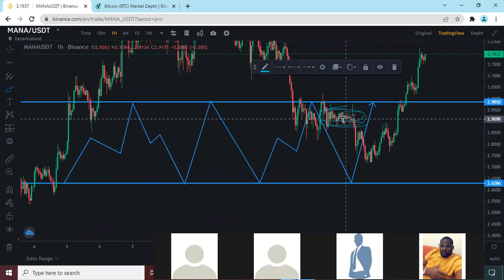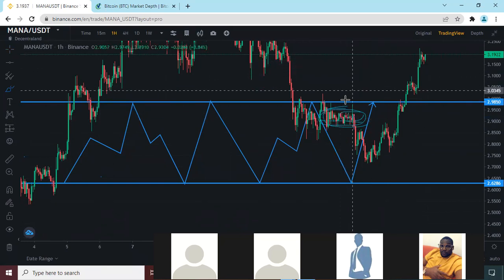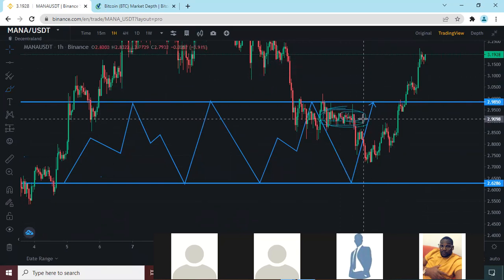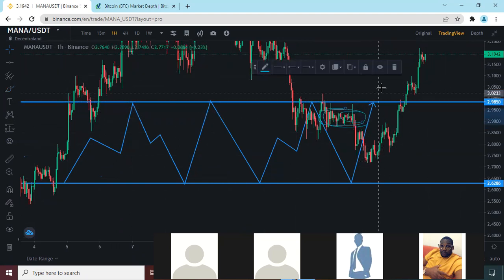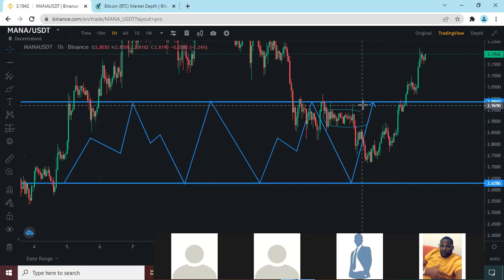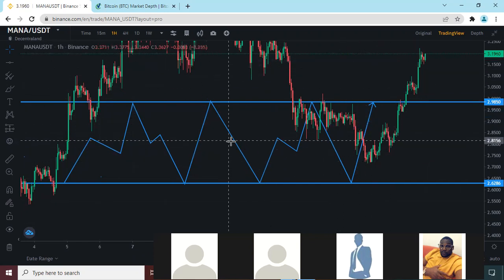On this time frame, you cannot trade it. This is a consolidating market. Ranging and consolidating are two different things.